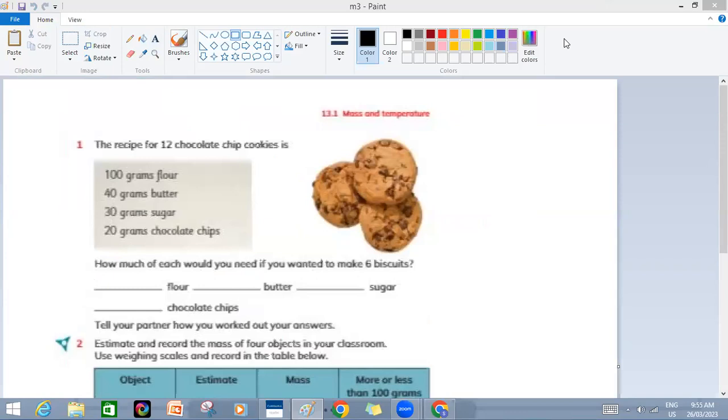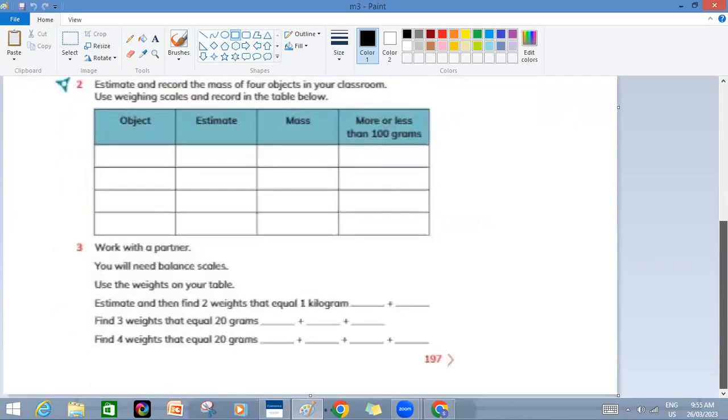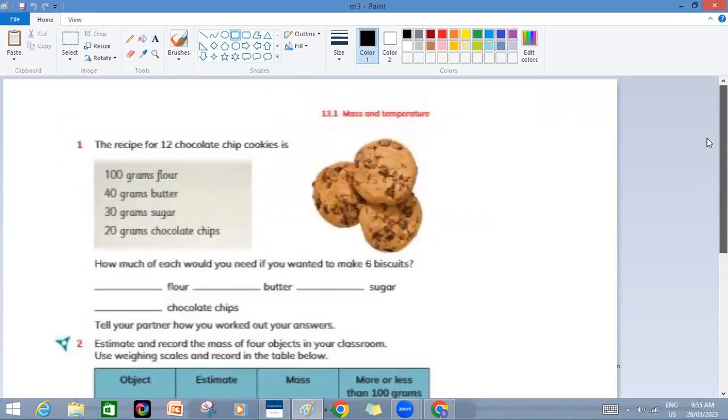So let's move on to exercise 13.1, question number 1, page number 197. Let's read the question. The recipe for 12 chocolate chip biscuits is 100 grams of flour, 40 grams of butter, 30 grams of sugar, and 20 grams of chocolate chips.